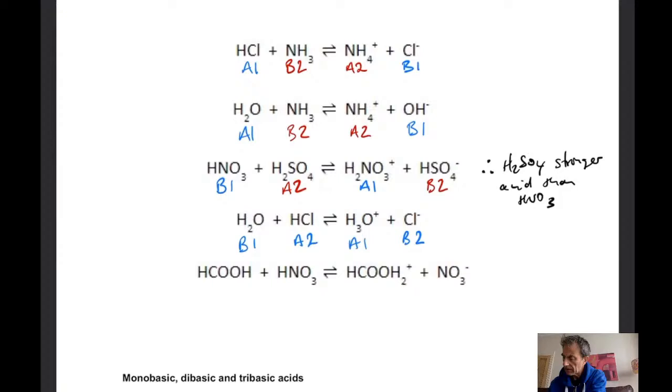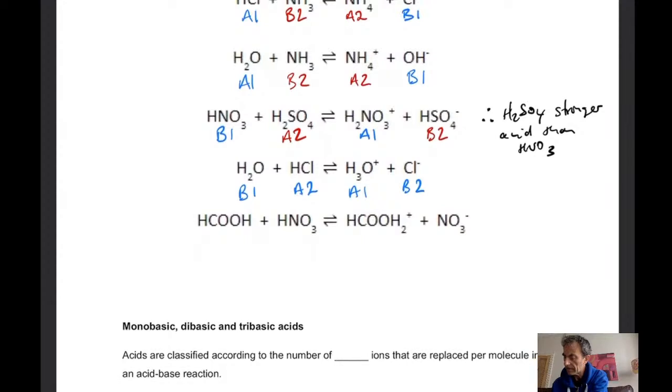Okay, and then the final one, again we've got two acids present. We've got methanoic acid and nitric acid. So let's have a look at the methanoic acid. What's it turning into? It's turned into this. You can see the difference is a proton because it's got an extra H and a positive charge. So this must be a base, because it's accepting a proton.